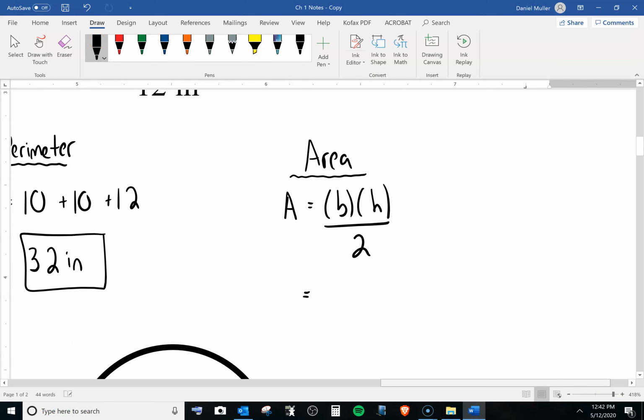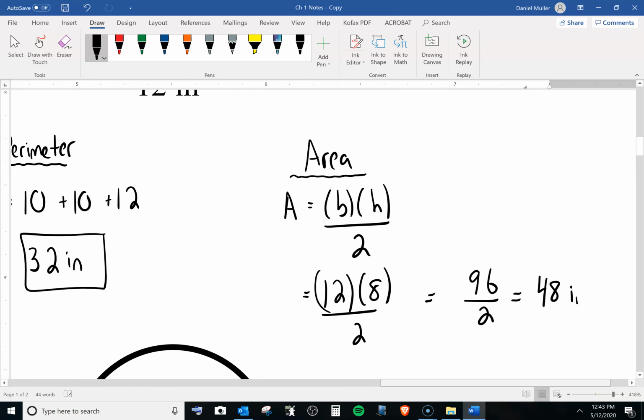So we're going to go base is 12 times the height, which is 8, and then cut that in half. 12 times 8 is 96, which then you're going to have to cut in half, which would be 48.